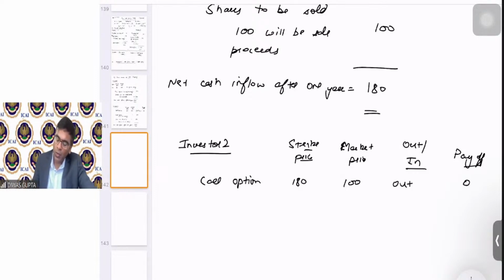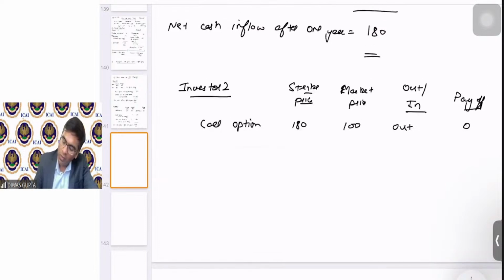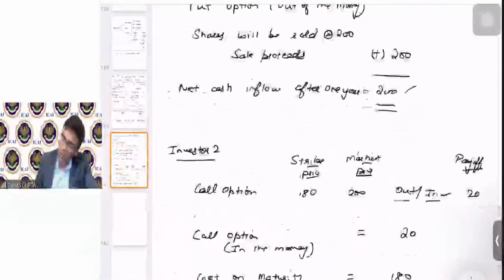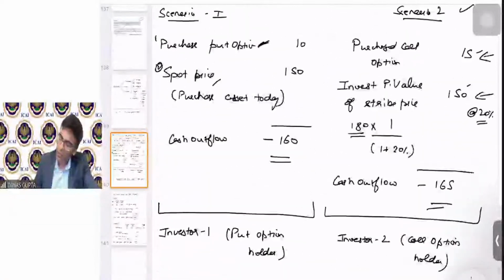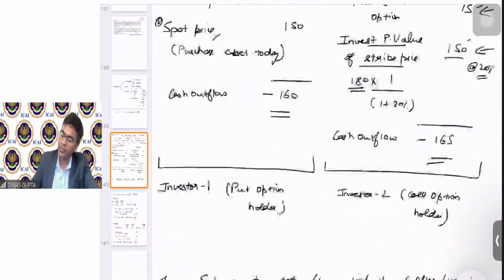Okay. So investor two will have call option which is out of the money. Hence, cash flow on this will be zero. Correct? Then, since investor 2 also had what? Investor 2 also had invested the present value of strike price, that is 150.